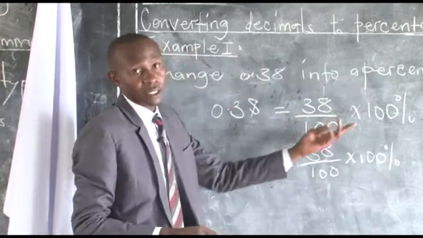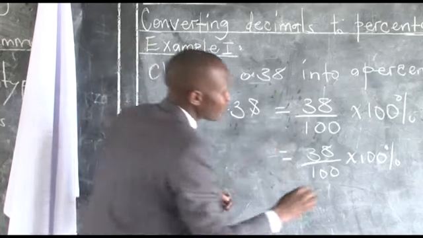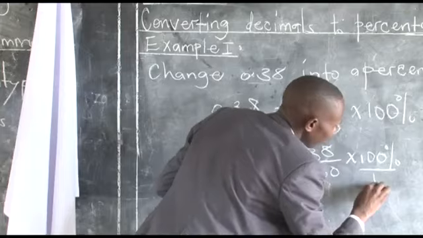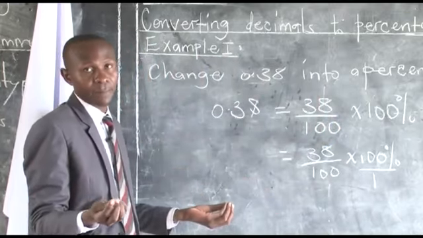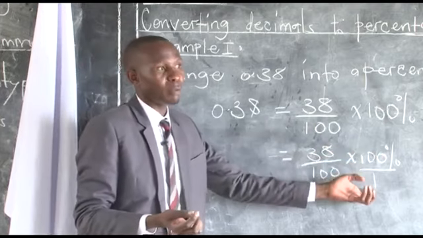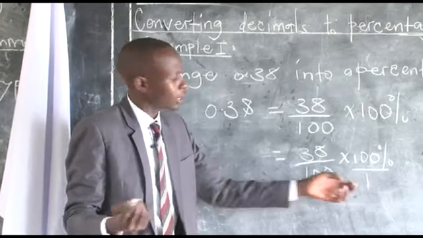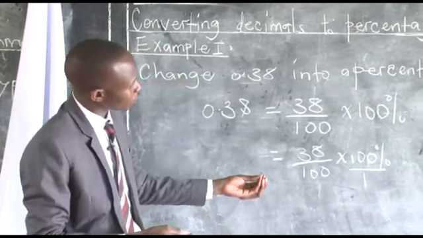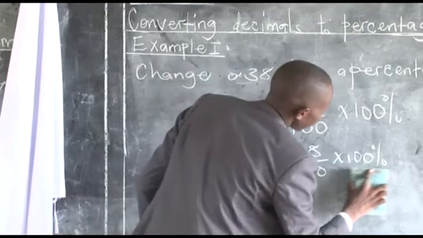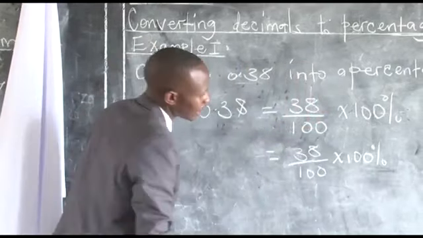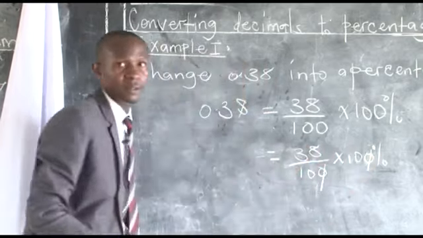There is no any difference between the first step here and the second step. Even if I also introduce, I say 100 over 1, there is no any difference. Because if you get to 100 divided by one person, still you will maintain your percentage as 100. So from there, after doing so, I may also not put out of 1. I can also leave the percentage as it is. Then I say this 0 will go with this 0.